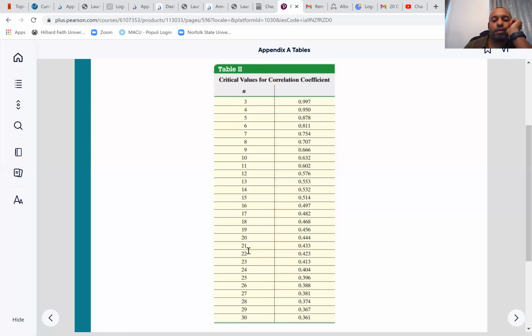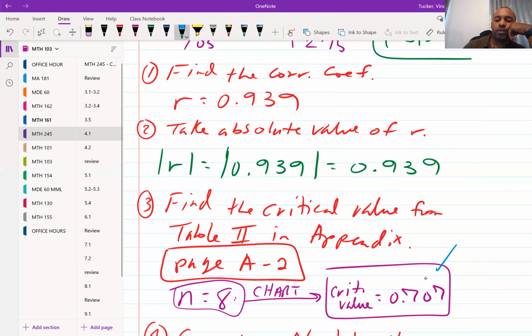If I had 21 observations, 0.433. But once again, we have 8 observations, so our critical value is 0.707. All right, any problems? All right, go back to the notes. So that's how we got to 0.707.